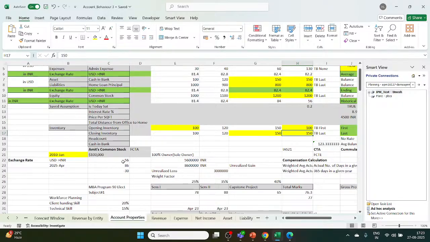So what is the value which we would get? When we purchased, the exchange rate was 56 rupees, and now the exchange rate is 86 in 2025. So here the unrealized gain which we would get is 30 rupees.